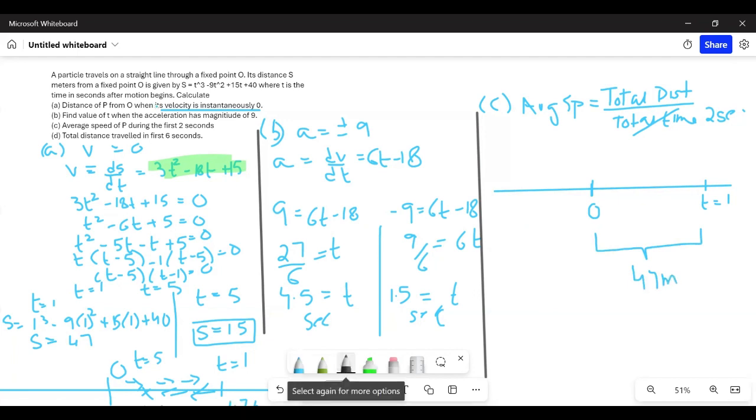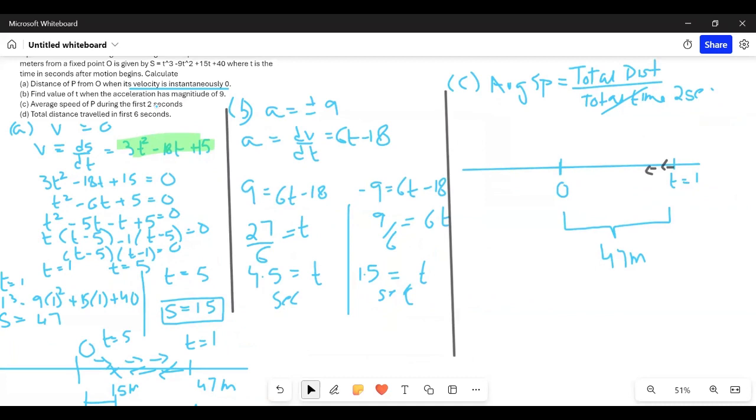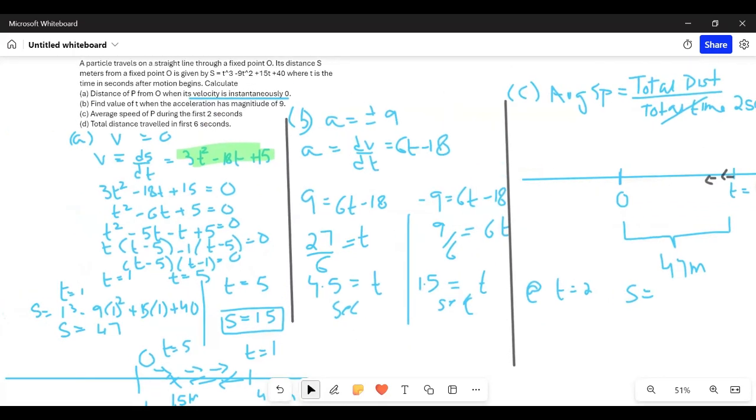Now, after this, it changes its direction and starts going back. We need the displacement at t equals 2. So let's see what that is. At t equals 2, S is going to be, use the initial formula for S given in the question.